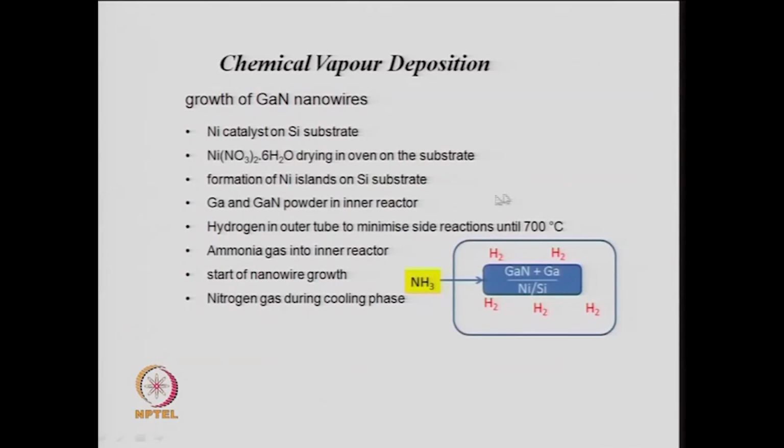Normally they do reactions around 700 degrees centigrade, and if you do not have a reducing atmosphere outside, the chances are that the gallium will get oxidized to gallium oxide, and hence you have two jackets.